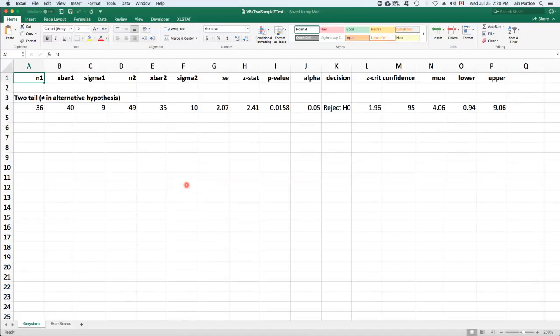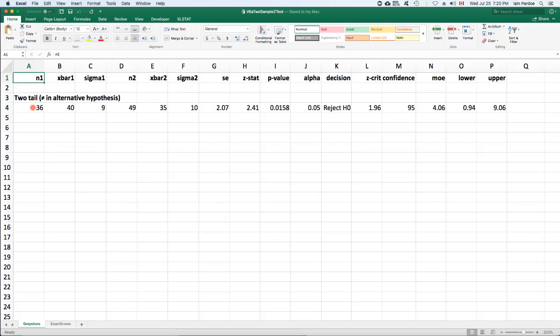So this example is a department store, and we've recorded samples on the mean age of customers who shop at an inner city store and customers who shop at a suburban store.